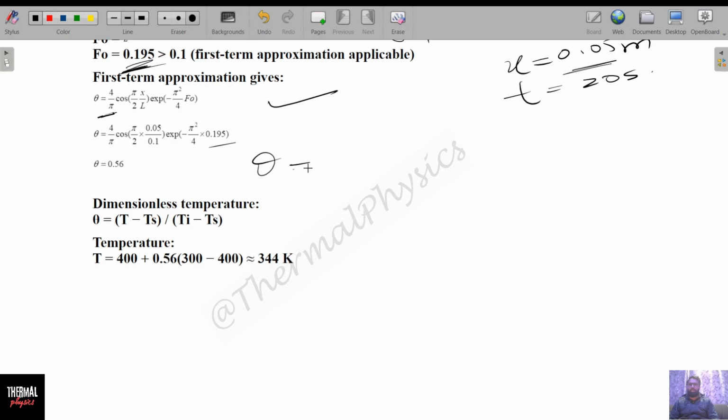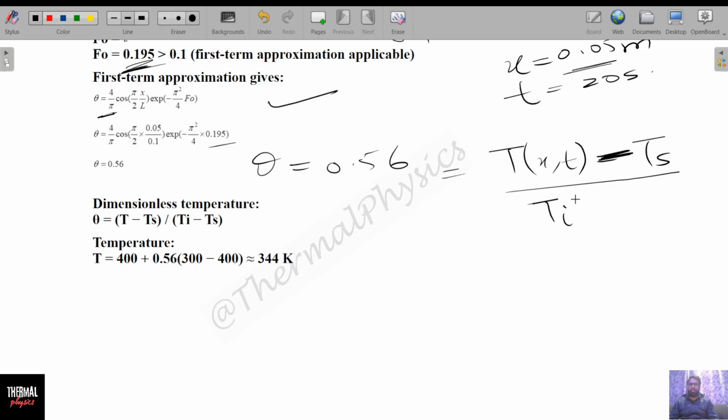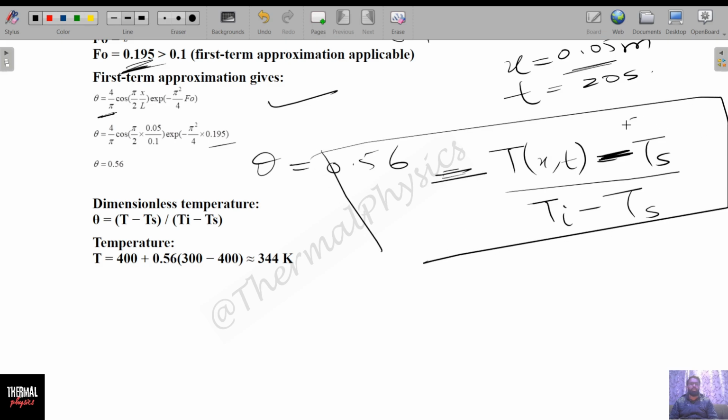This gives us a dimensionless temperature of 0.56, and this dimensionless temperature is equal to the temperature we are looking for minus the surface temperature, which is 400, divided by the initial temperature, which is 300, minus the surface temperature again, which is 400. So this entire value is equal to 0.56.